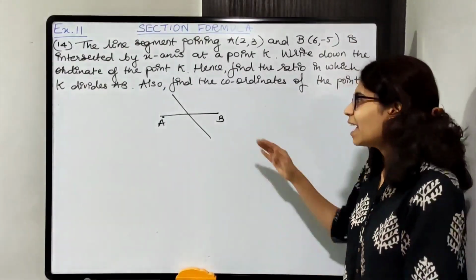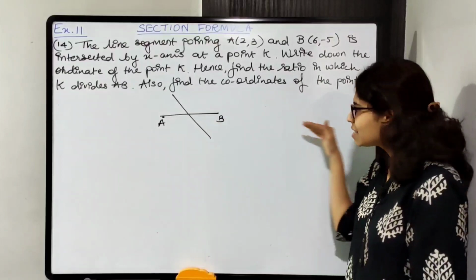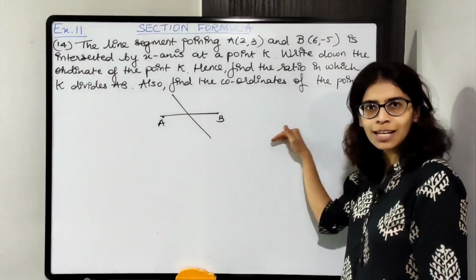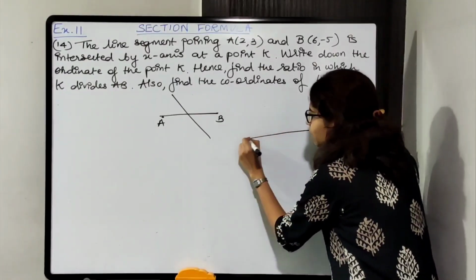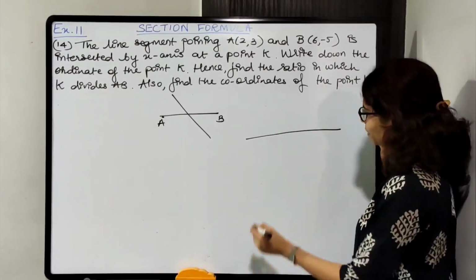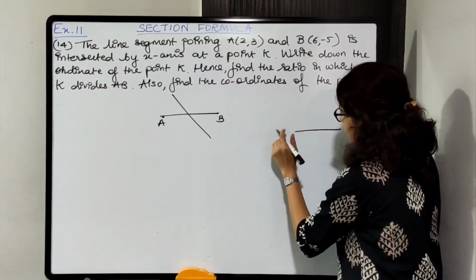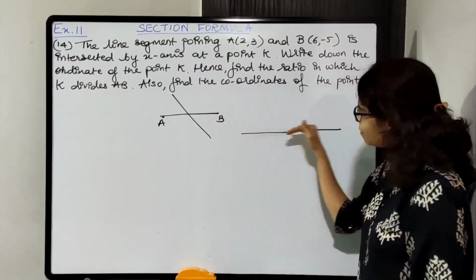So x-axis, we know, is like this. Horizontal line, sleeping line. So x-axis will be like this. Okay, I did not draw it properly. X-axis will be like this.